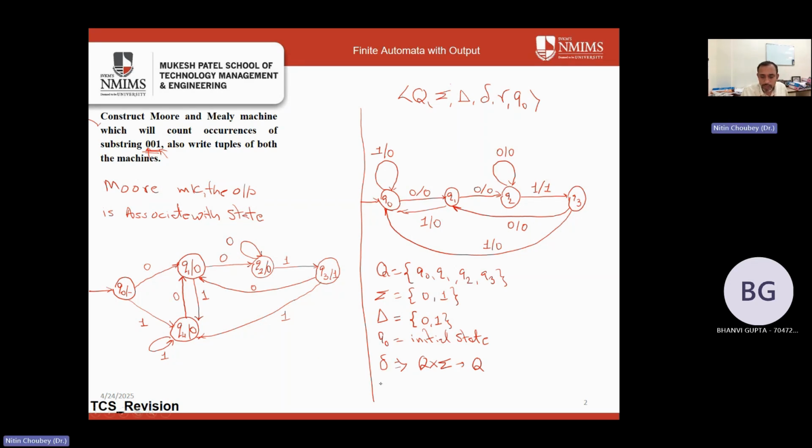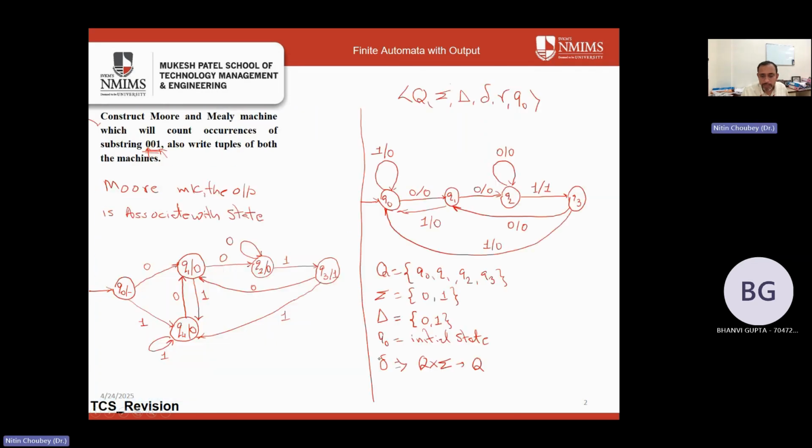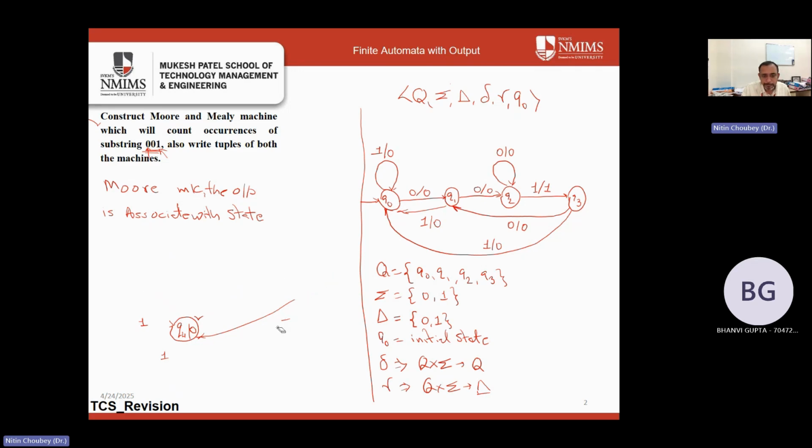Similarly, the output function has a mapping of Q cross summation gives the output set alphabet. And the transition function and output function diagram we have shown. We can also write it in the form of a table.